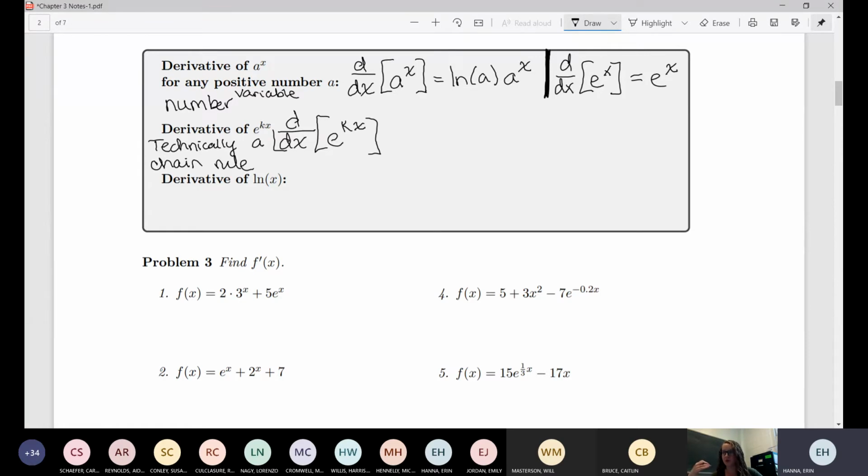I don't know why your book presents this as a separate rule, but I do it just to keep in line with what your book does. It's technically a chain rule. I'm going to stress that again about 5 more times once we actually get to the chain rule. But we can take care of these because it's a simple occurrence of the chain rule. You essentially bring that constant out front, but then rewrite the whole entire e to the kx.